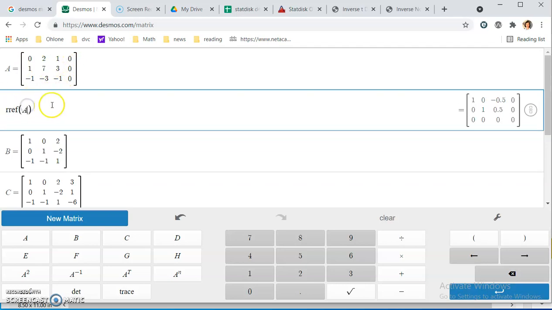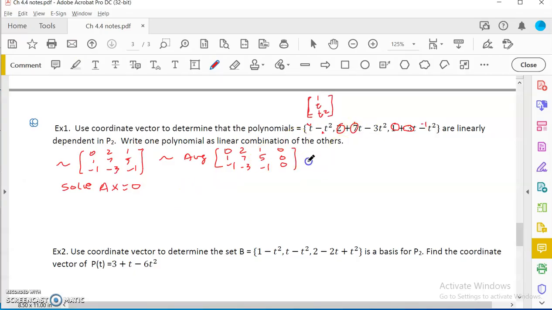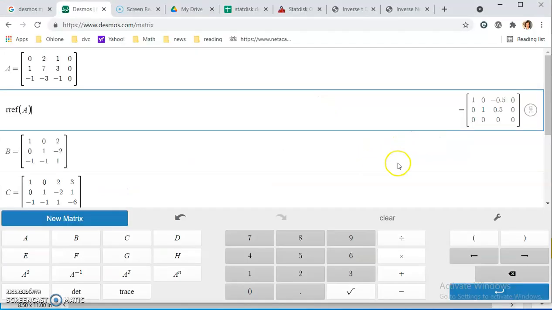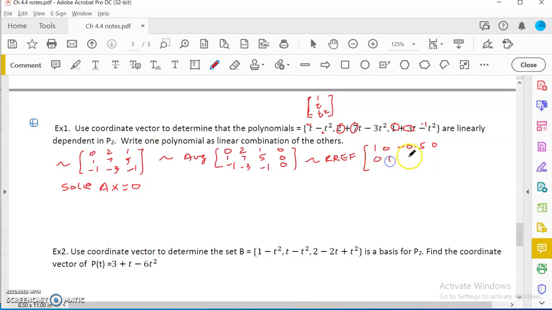If I do a row echelon of A, there are only two pivot positions. The REF is 1, 0, negative 0.5, 0, 0, 1.5, 0, and 0, 0, 0, 0.